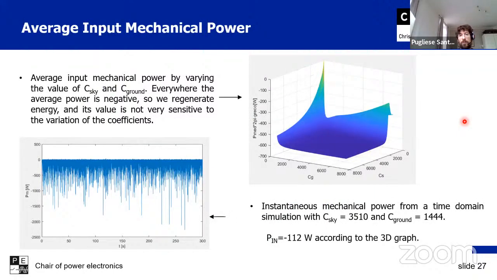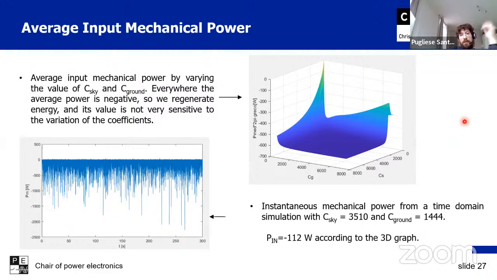From the point of view of the power, you have to do some analysis too, because we can increase the road holding and the comfort, but another feature of this suspension system is the possibility to harvest energy from the road. So we can regenerate the battery to which my suspension is connected.